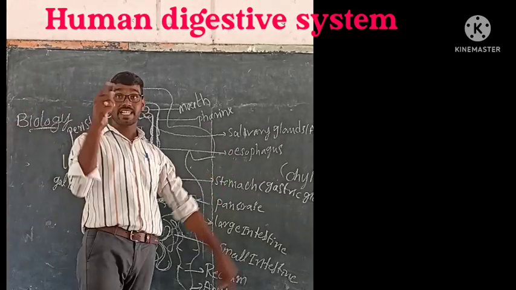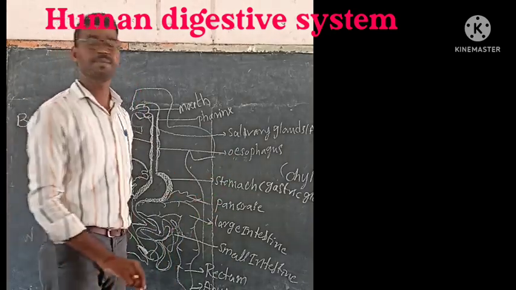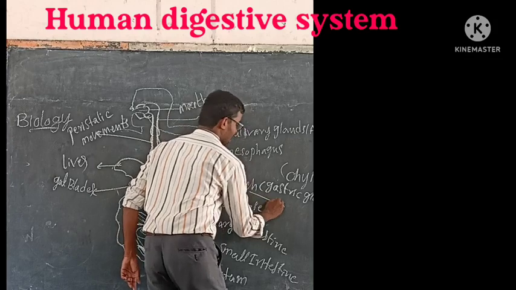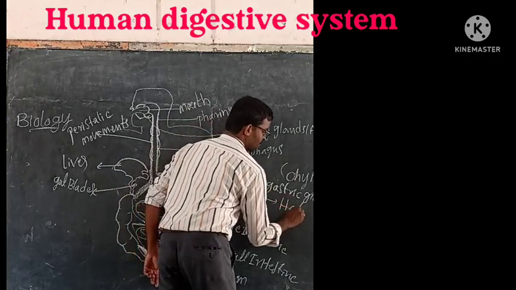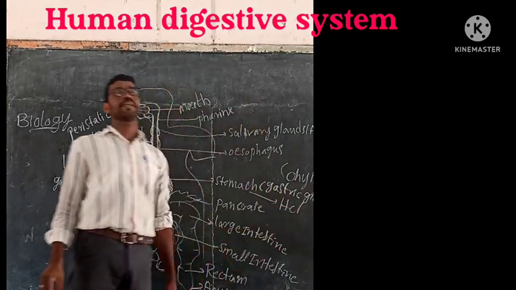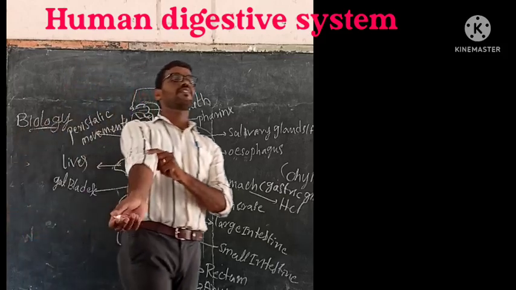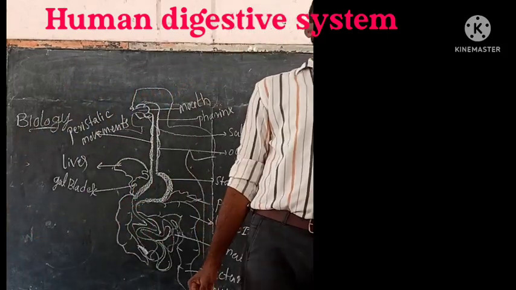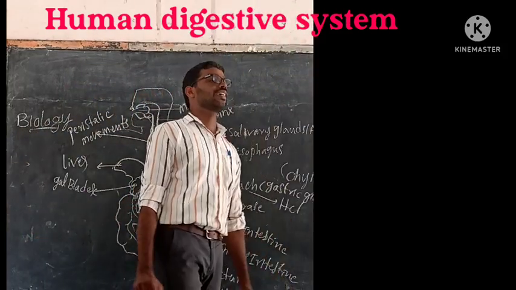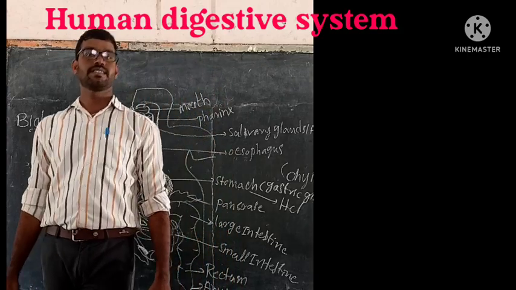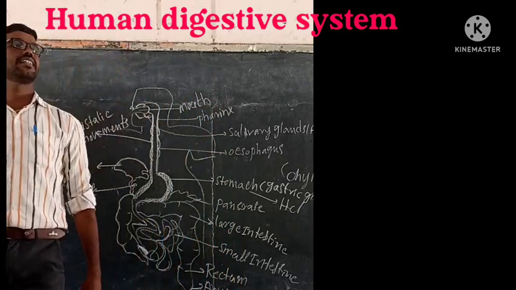Why? Because of another important point I want to add here. Stomach walls also produce HCl. Once again repeat. HCl. What is the full form of HCl? Hydrochloric acid.